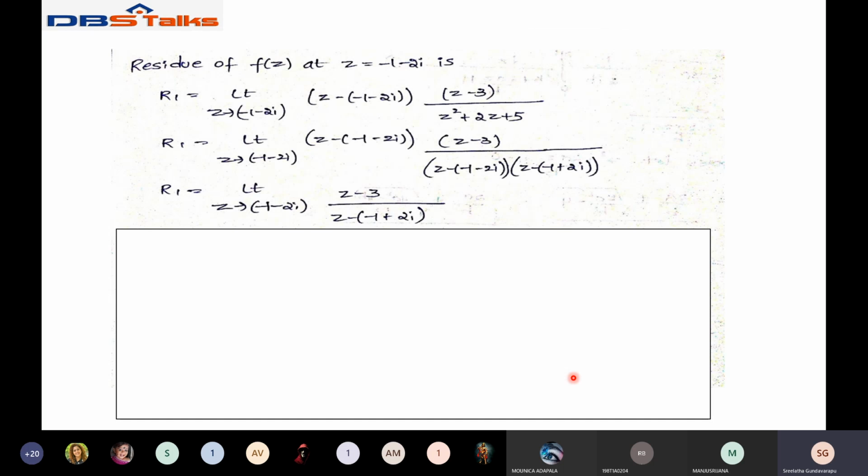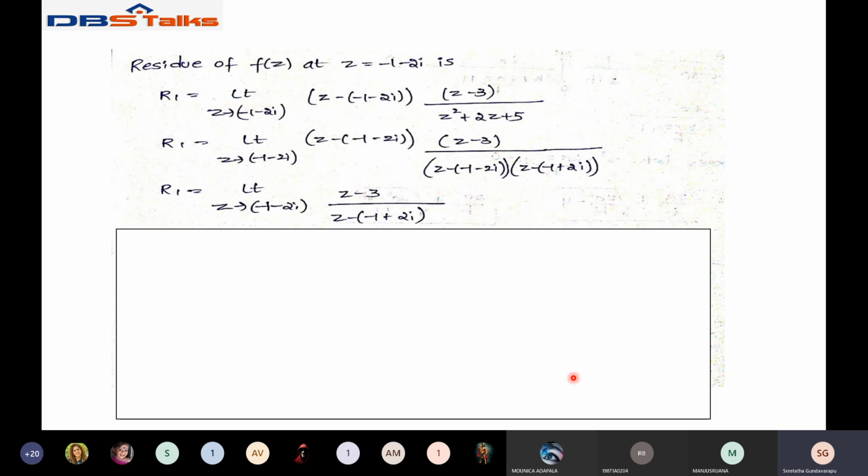So to find the residue of f of z at the inside pole, z equal to minus 1 minus 2i, this is a simple pole. So R1 equal to limit z tends to minus 1 minus 2i, into z minus a. A means minus 1 minus 2i, into f of z, which is z minus 3 by z square plus 2z plus 5.